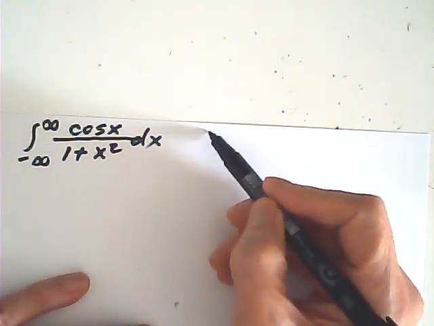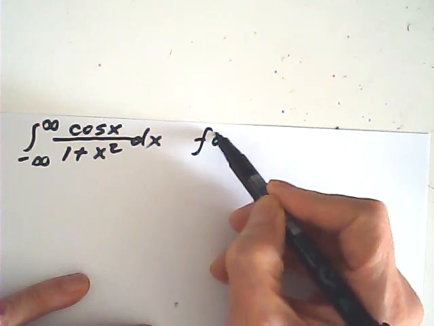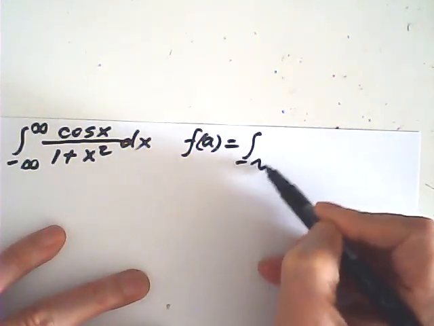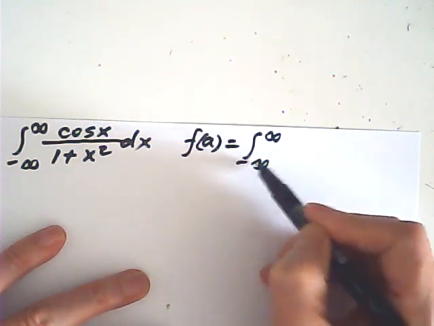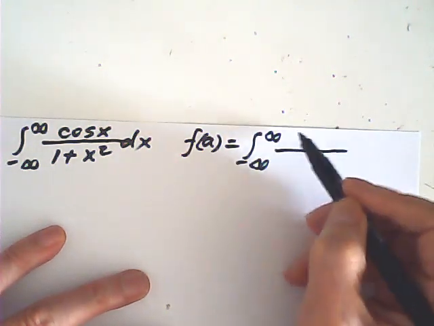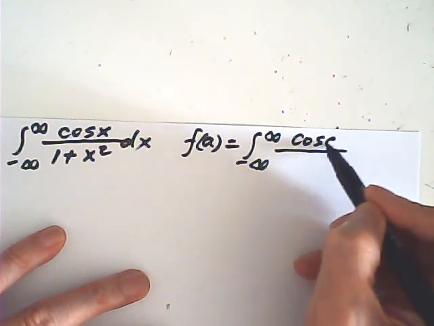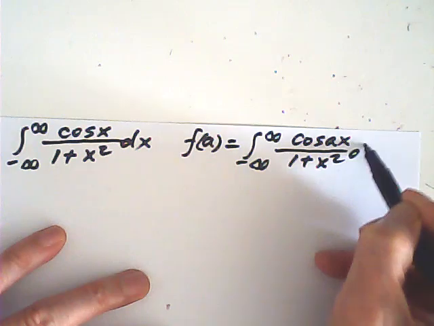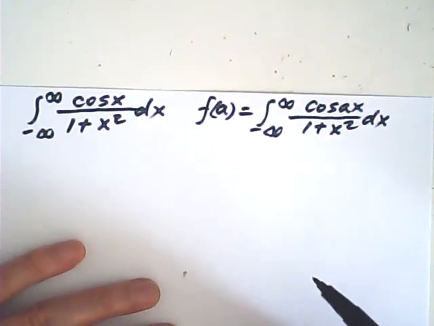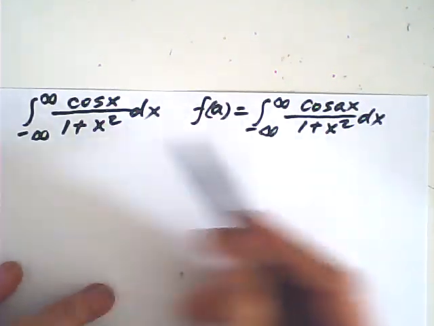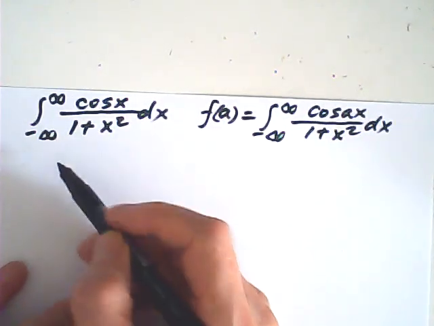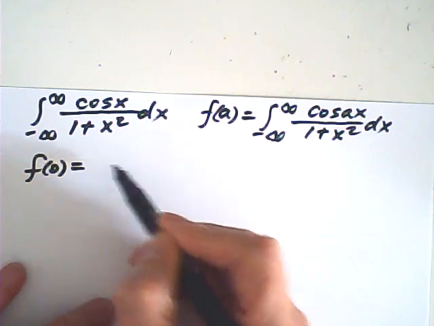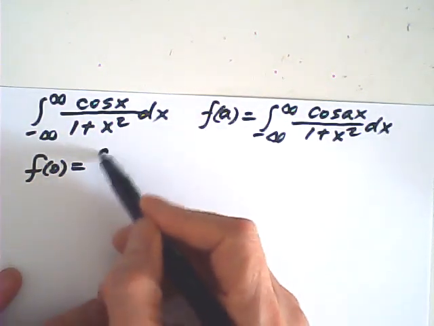Now I create a function f of a equal to this integral, cosine ax over 1 plus x squared dx. Then I can see that f of 0 is equal to, this will be 1, right?